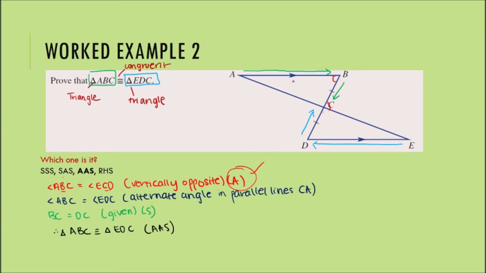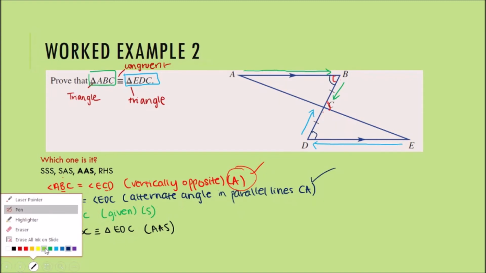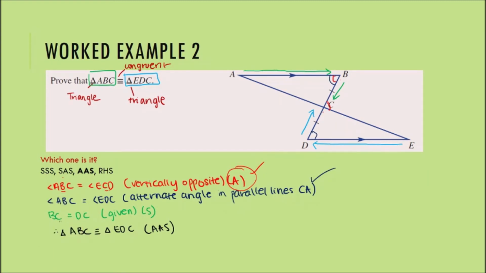Angle ABC is equal to EDC. So now we're doing this angle here. So that one there and this one here, they are alternate angles because they have parallel lines, all right? So that's an angle A there. So the last one, BC, this is now a line.